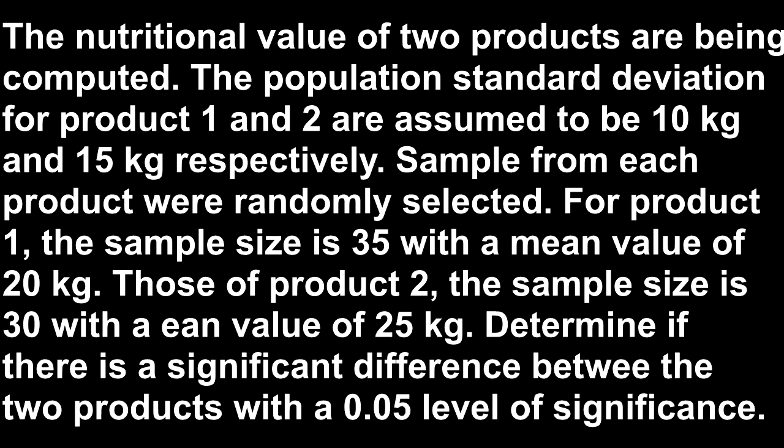For product 1, the sample size is 35 with a mean value of 20 kilograms. For product 2, the sample size is 30 with a mean value of 25 kilograms. Determine if there is a significant difference between the two products with a 0.05 level of significance.